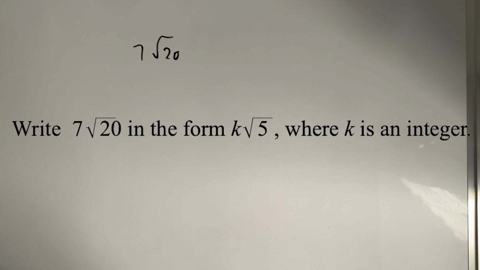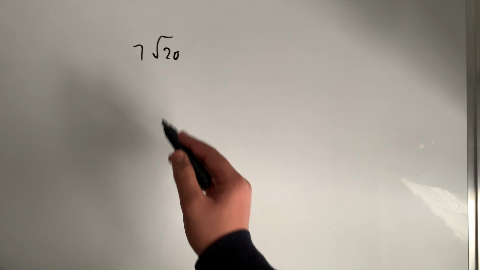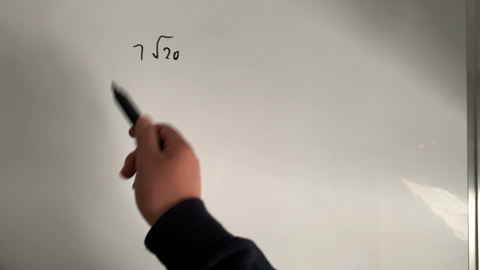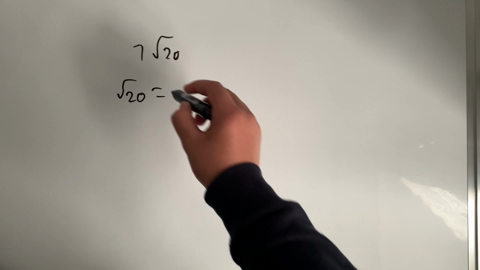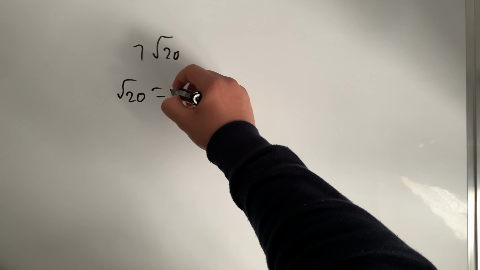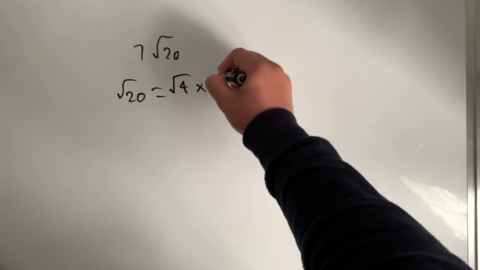So for this question, they're asking us to write this in the form k root 5. So it's simple over here that we need to simplify root 20. So we need to find two factors which times to form root 20. So root 4 times root 5.